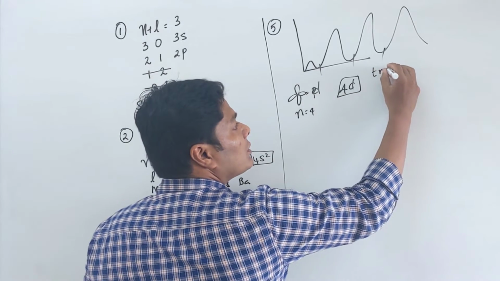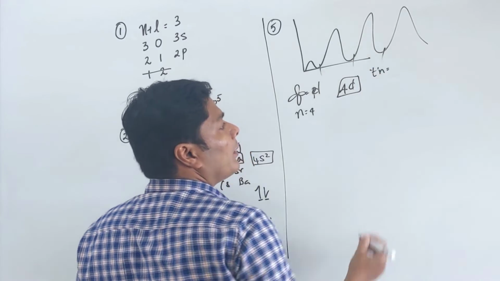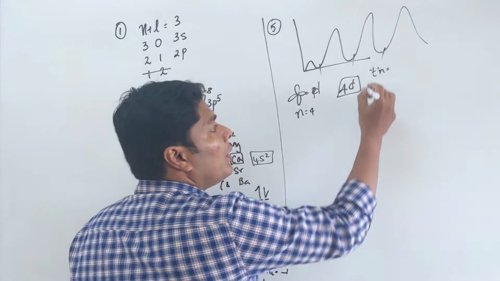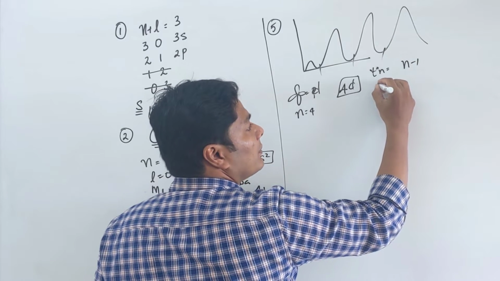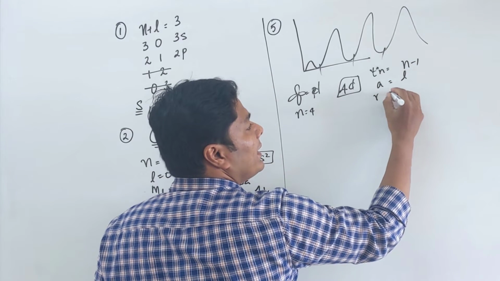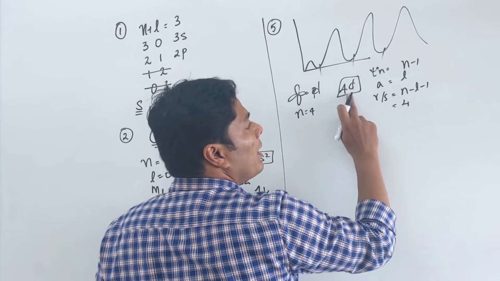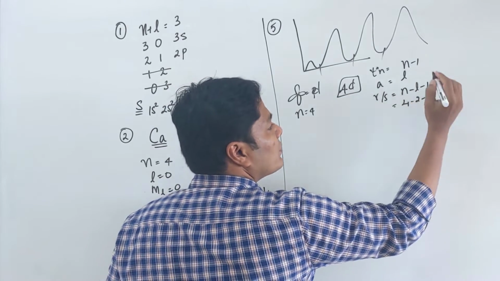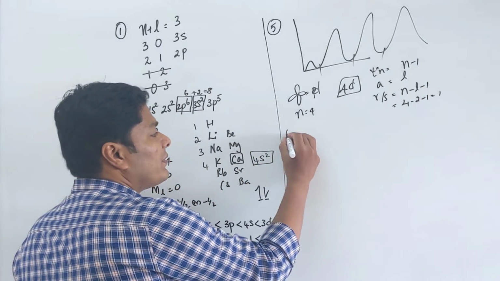So total nodes. We saw total nodes is n minus 1. Angular is L. Radial or spherical is n minus L minus 1. That equals 4 minus 2 minus 1 is 1. Option Charlie.